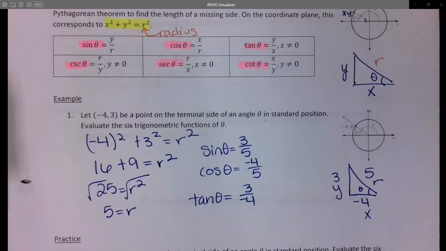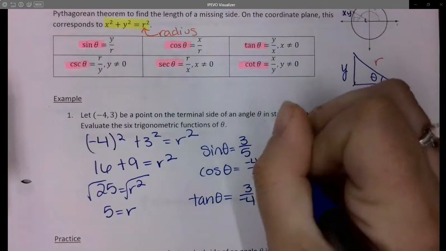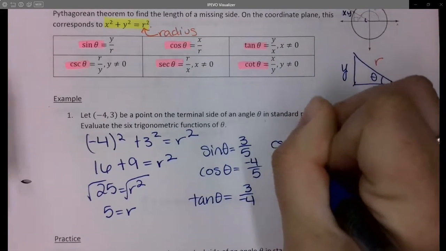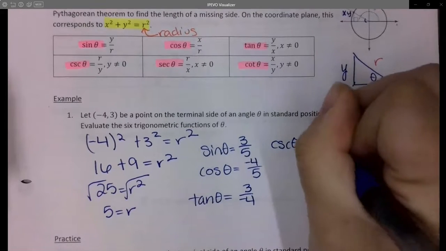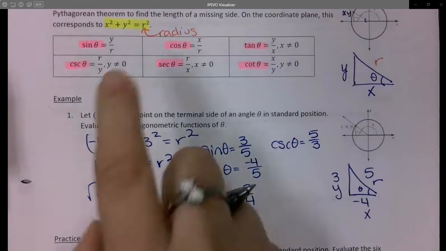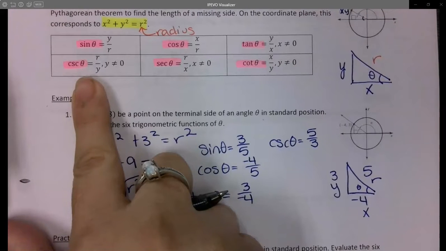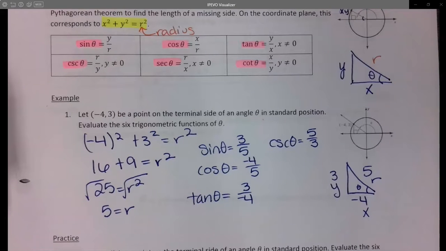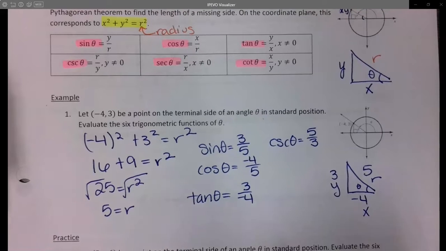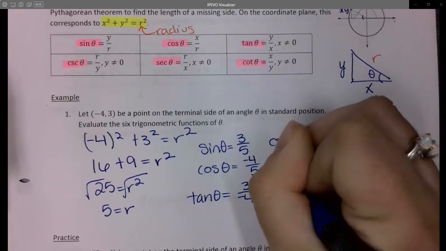Then I need to go get my reciprocal functions. Cosecant matches up with sine. This one is going to take my sine and flip it, so it's going to be 5/3. Or if I wanted to use the formula up above, it's radius over my y, so 5/3. Then I want to get my secant.